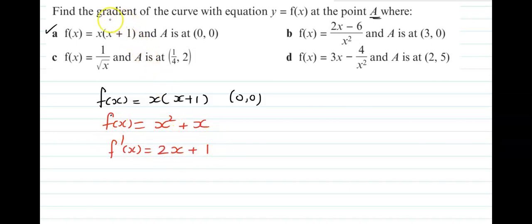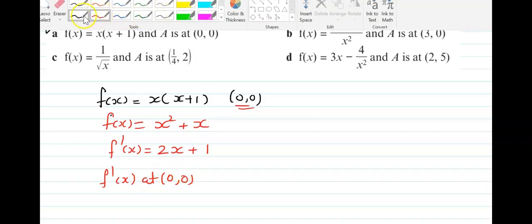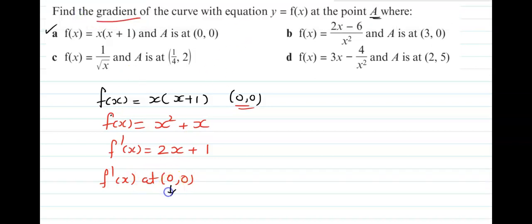Now they are saying find the gradient. So gradient is f dash x, with the equation y equal to f(x), at point A. The point is given, (0, 0). So you need to find f dash x at (0, 0). It means x is 0 and y is 0. This is your x value and this is your y value.